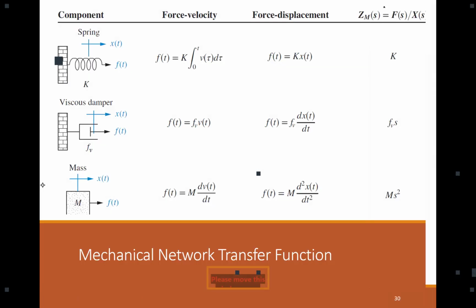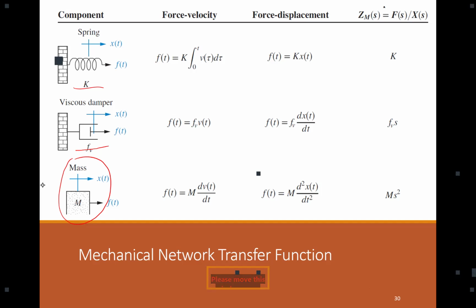Now, what happened? Why is that? The relation, the impedance, please pay attention to what I'm talking about. In mechanical engineering, they don't have the concept of impedance. I'm using it on purpose here.